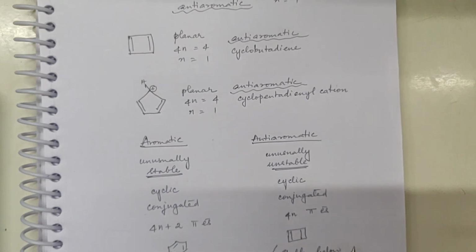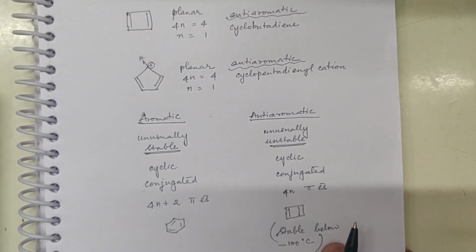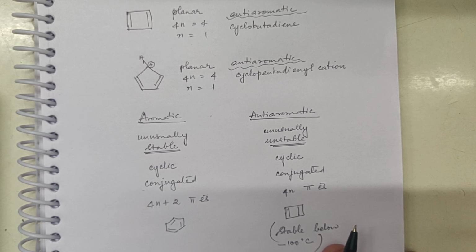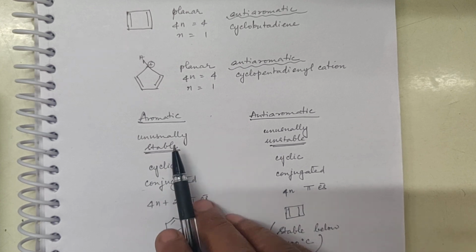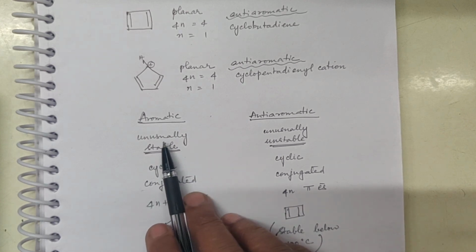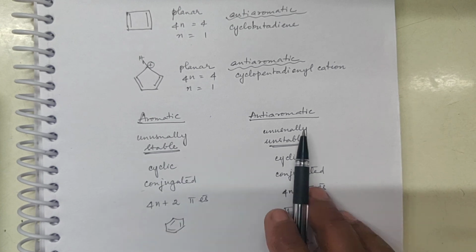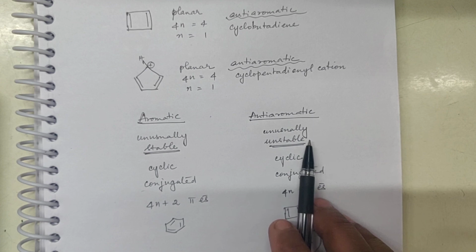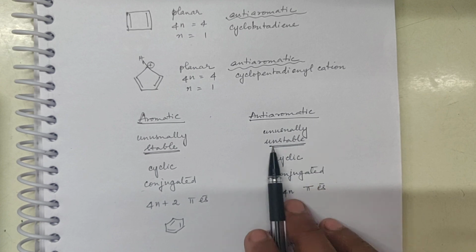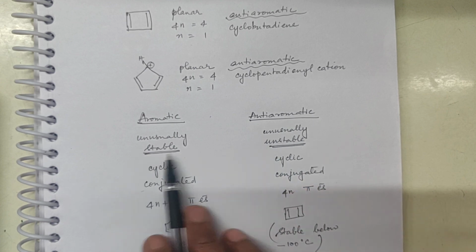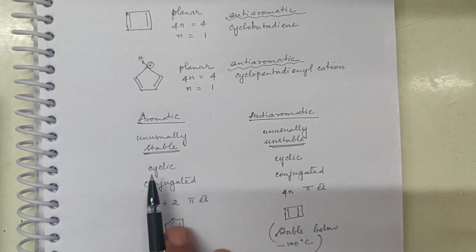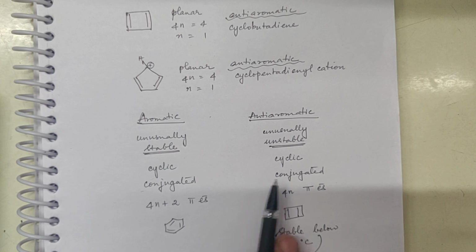Now in general, how do you consider these two, aromatic and anti-aromatic? Aromatic compounds are unusually stable, they are highly stable. Whereas anti-aromatic substances are unusually unstable. See the big difference. Both are cyclic, both are conjugated.